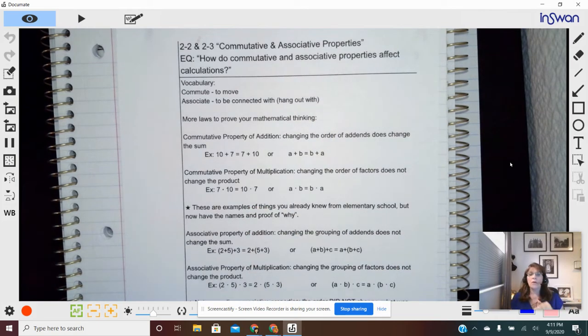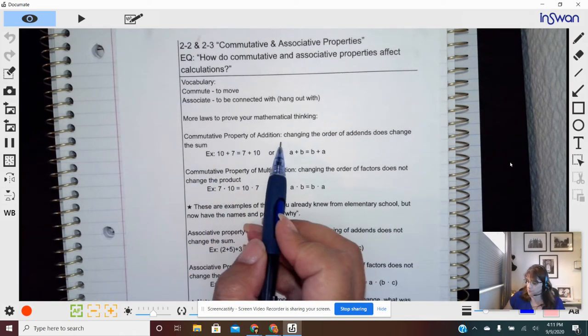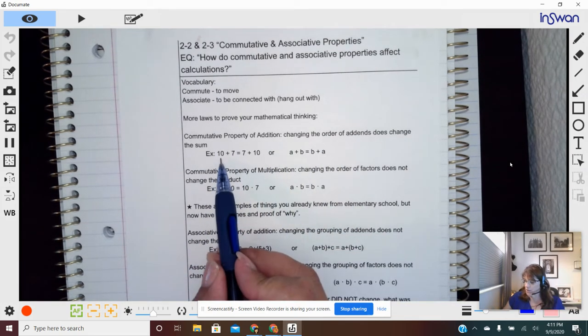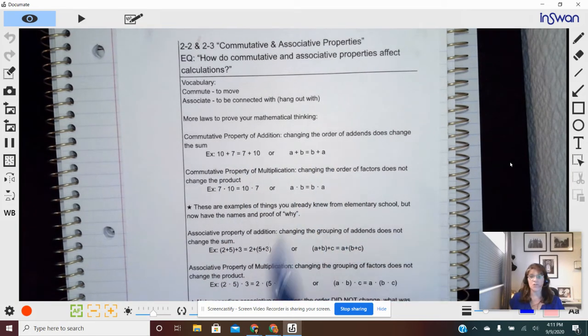You already knew these rules, you just didn't know the names of them. So the commutative property of addition says that I can change the order of what I'm adding, and it doesn't change the sum.